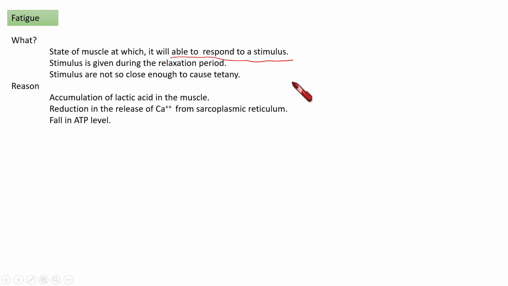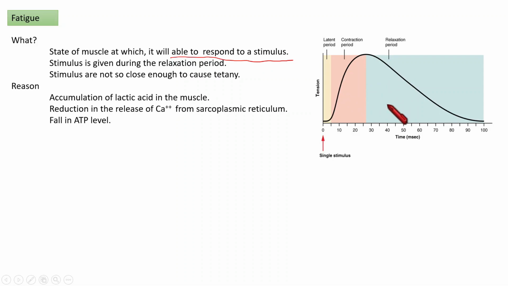Okay, so there are some conditions that cause this fatigue. Look at this graph. We know that this is a graph for a simple muscle twitch. And we have learned that three periods are there: latent period, contraction period, and relaxation period. And the relaxation period is the lengthier one.